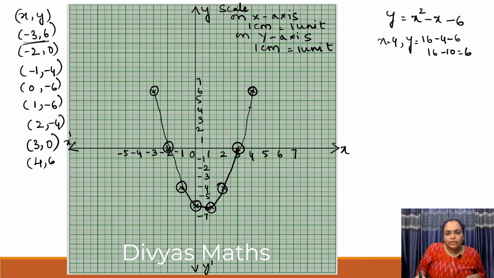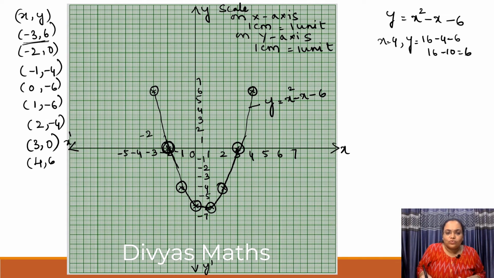So this is your y is equals to x square minus x minus 6. Yes, it is the U-shaped parabola. So by seeing the graph, we can say the graph is cutting the x-axis at two places, right? This is one place and this is one place, right? What are the coordinates?